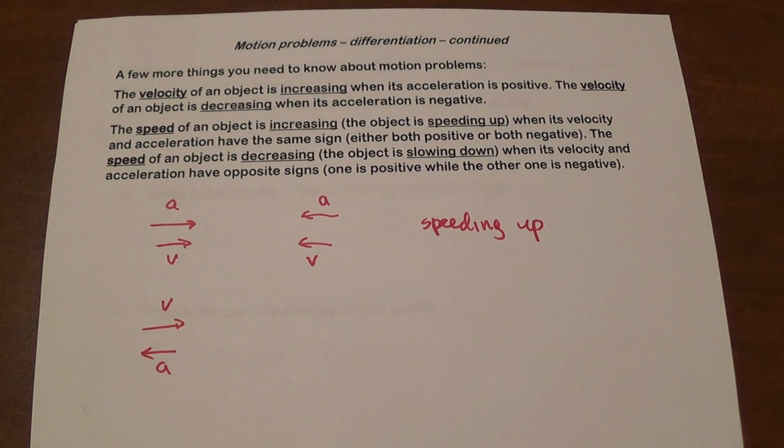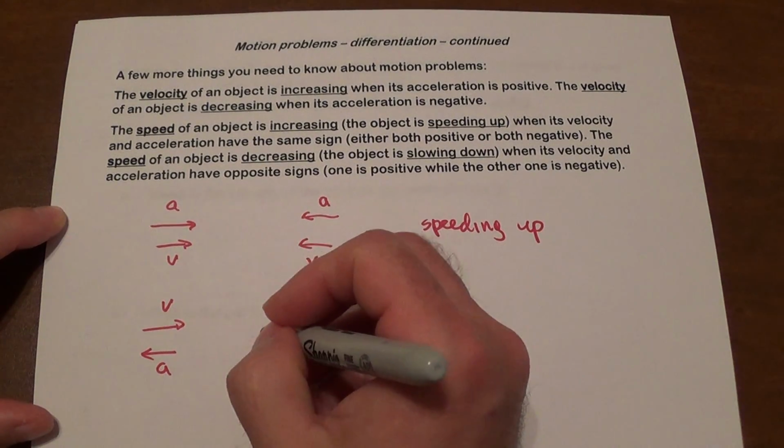You're going to press the brake, and when you're pressing the brake, you're still continuing to move forward, which means your velocity is positive, but the acceleration is what's causing your car to slow down. That's the brakes being applied in this case, and the acceleration vector is going to be directed in the opposite direction, so this is going to be slowing down.